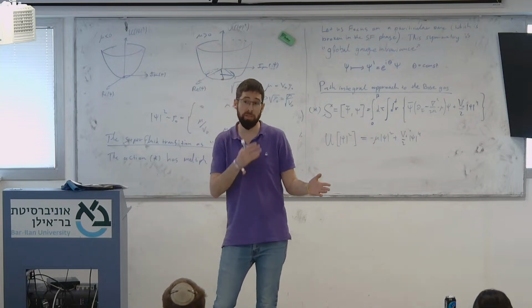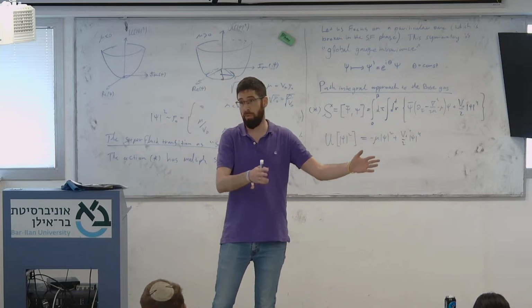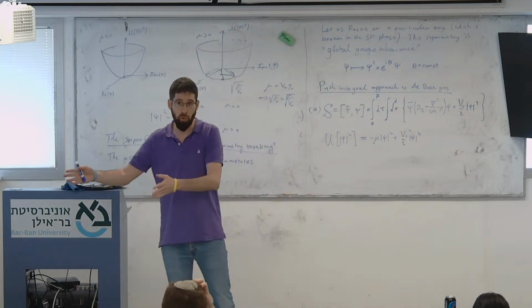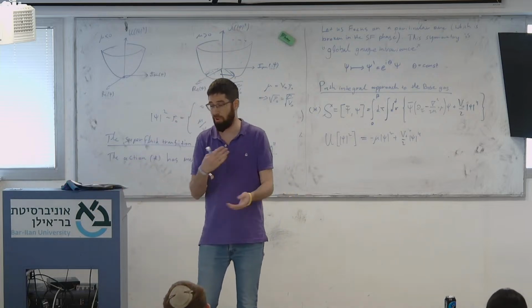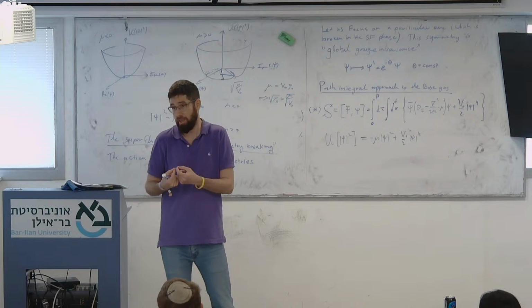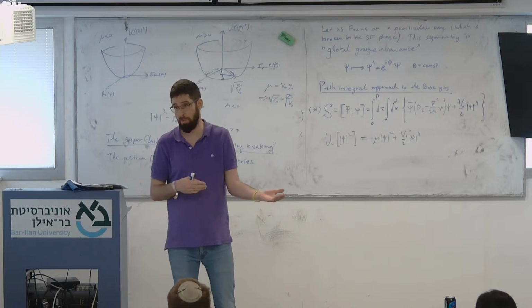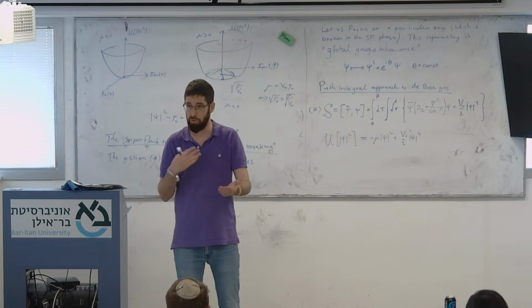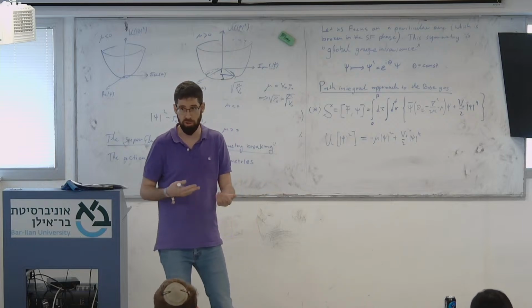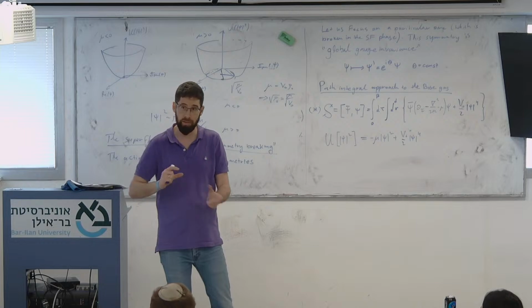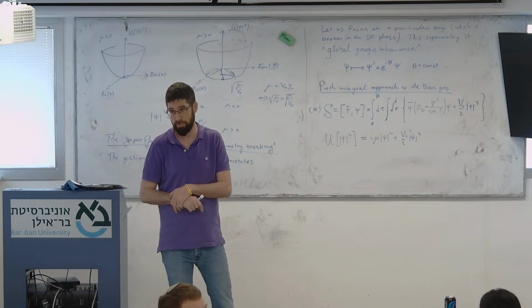It's going to be a superposition of states with 3 photons, states with 4 photons. Because an electron can emit a photon or absorb a photon, and therefore under the general terms in the Hamiltonian, the photon number can change.